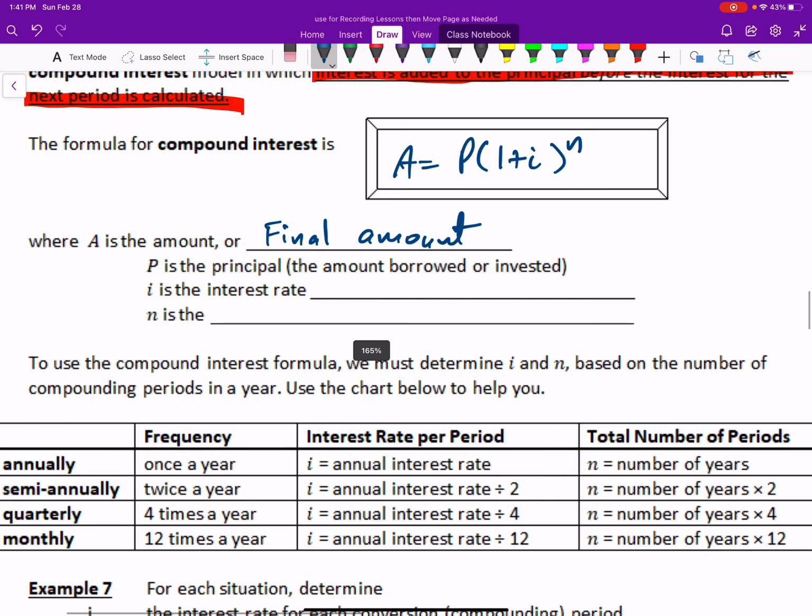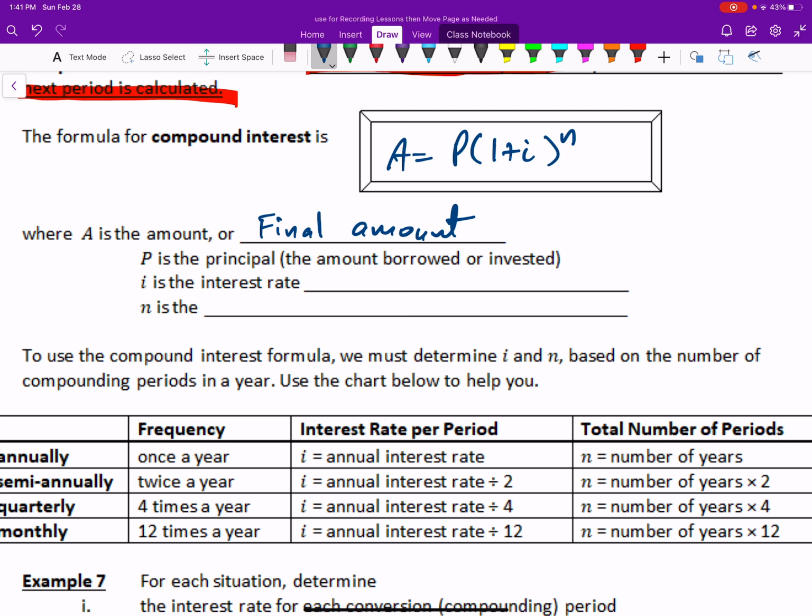Now, we use slightly different variables for compound interest. Instead of using r, we use i, little lowercase i. And lowercase i is the interest rate per compounding period. Because it's not always going to be calculated once a year. Sometimes it'll be calculated twice a year, 4 times a year, every month, every week, every day.